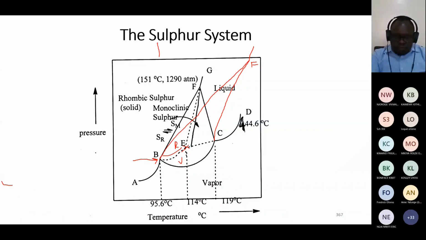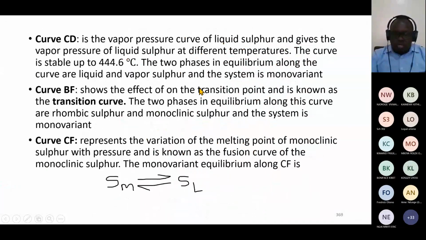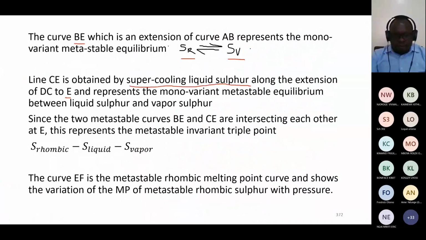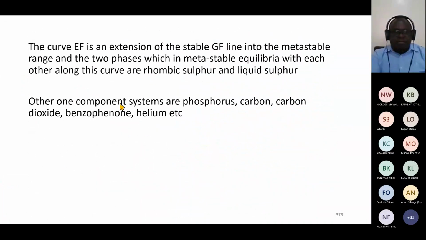So the curve EF is an extension of the stable GF line into the metastable range, and the two phases which are in metastable equilibrium with each other along this curve are the rhombic sulfur and the liquid sulfur.